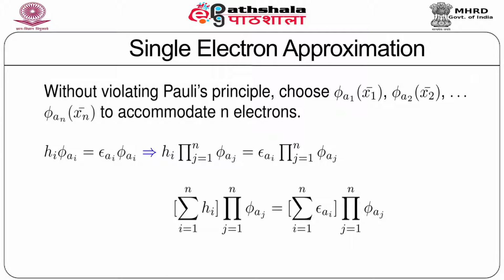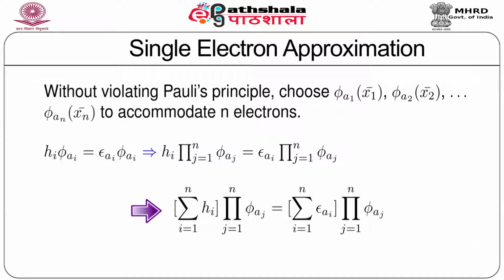Since we have the underlying Schrödinger equation of the single electron, given by little h_i phi ai equal to epsilon ai phi ai, one can have little h_i acting on the product of all the phi's equal to epsilon ai times the product of all these phi's.